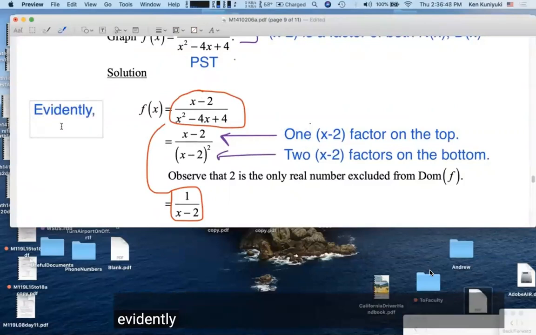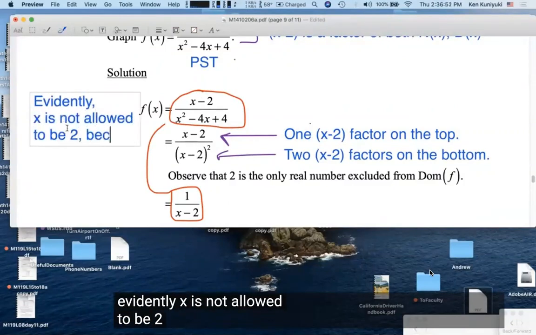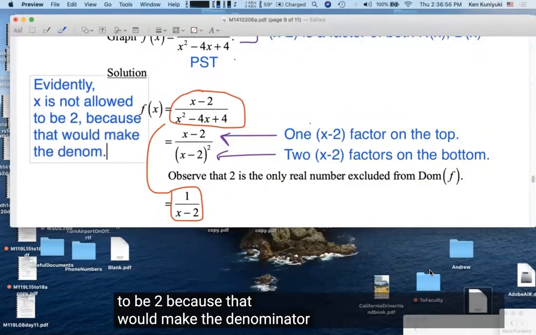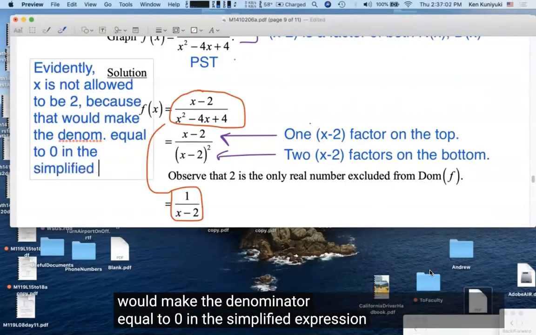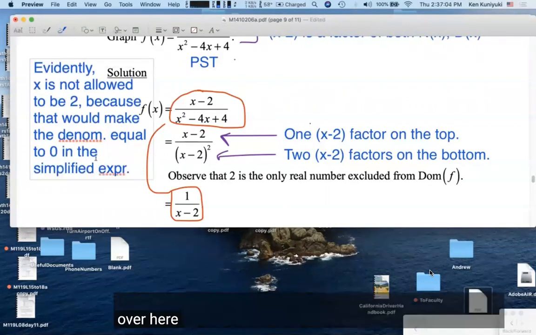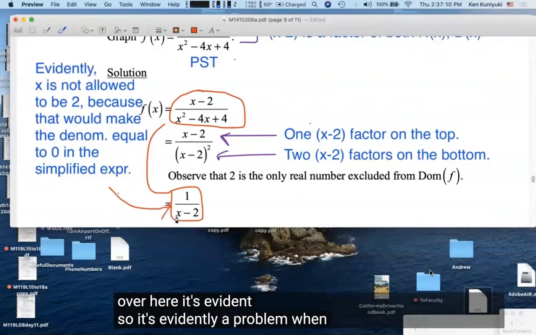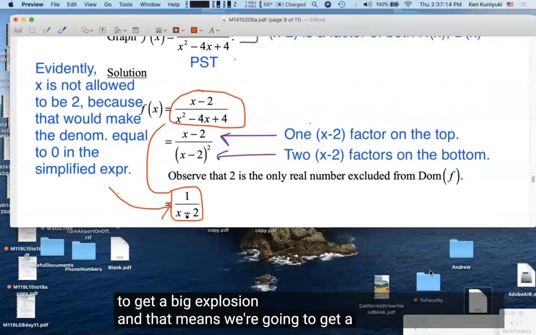Evidently, x is not allowed to be 2 because that would make the denominator equal to 0 in the simplified expression over here. It's evident. So it's evidently a problem when x is approaching 2. That means we're going to get a big explosion, and that means we're going to get a VA.